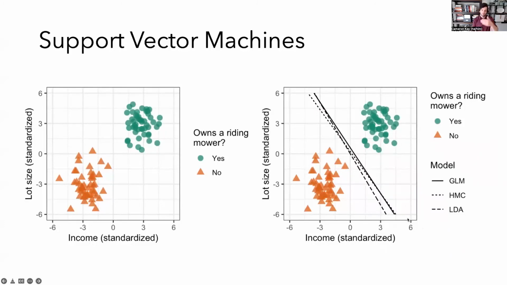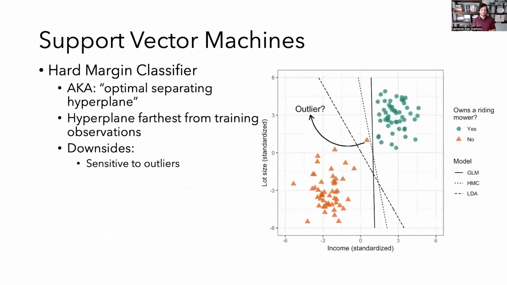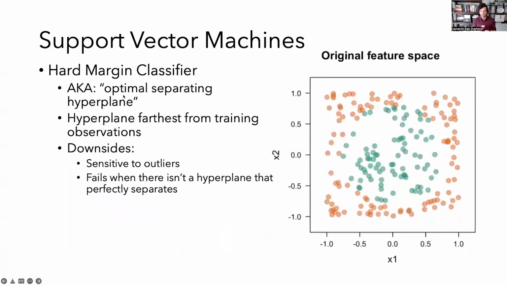It's easy. Here's my plane, very intuitive. You can explain what's going on here. The lack of interpretability comes from adding those kernel functions, where it becomes harder and harder to explain what exactly the model is doing. So you get a lot of flexibility with these kernel functions, but you start to lose your interpretability when you get into these more advanced kernel functions.